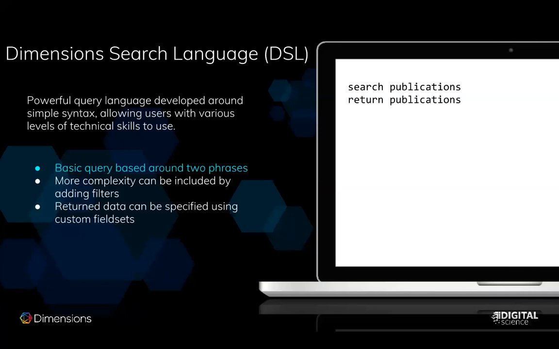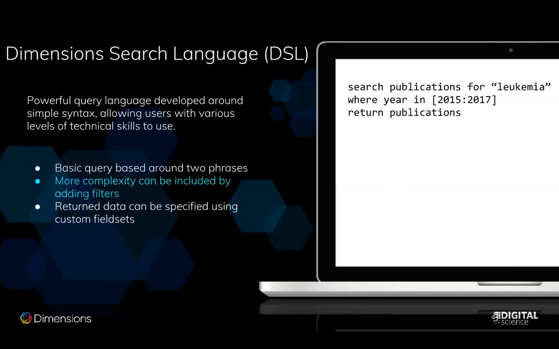This is the most simple of all of the API requests you can make. You can say search publications and return publications in Dimensions. So what this would give you back is a list of the most recent publications added to Dimensions and all of the data associated with those publications, including co-authorships, institutional affiliations, subject areas, things like that.